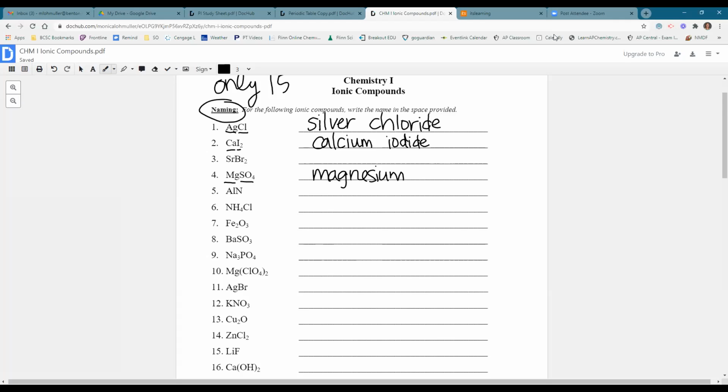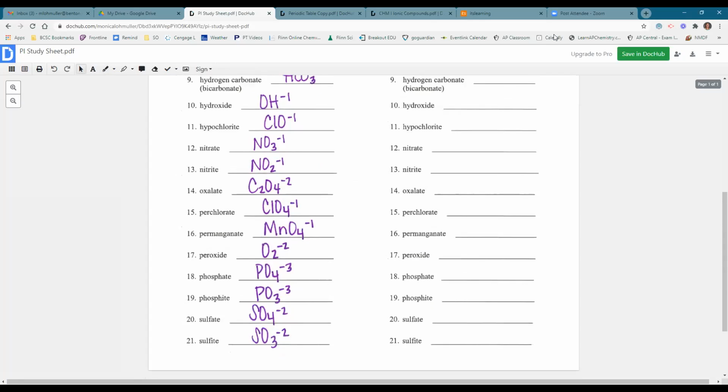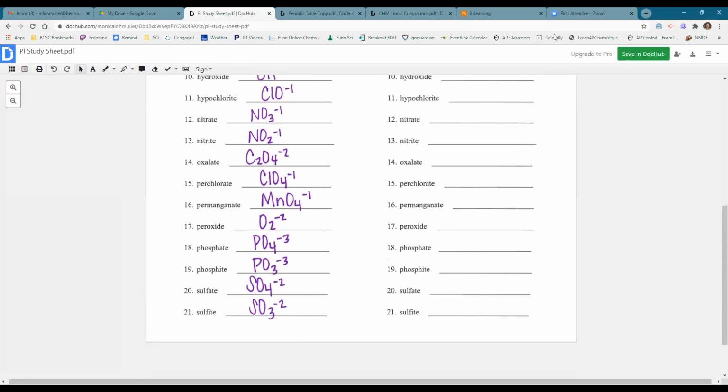So we're not going to label the sulfur and the oxygen separately because the SO4 is on the polyatomic ion list. And polyatomic just means that there's multiple elements together. So SO4 is called sulfate.